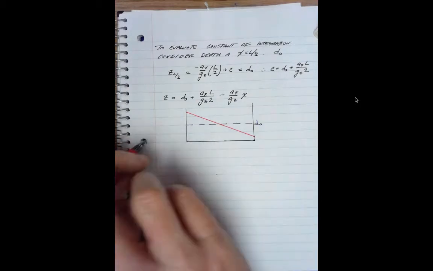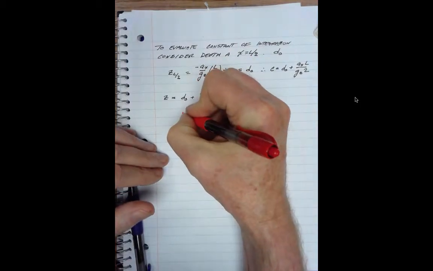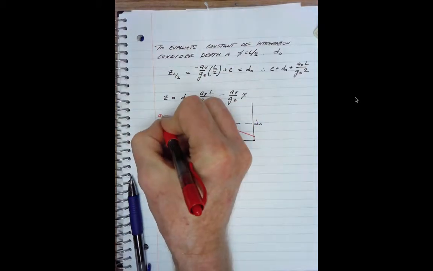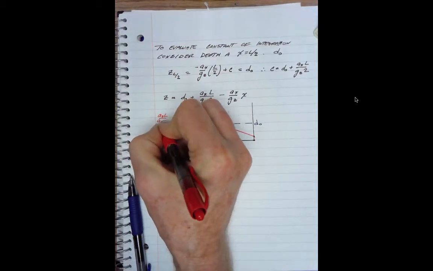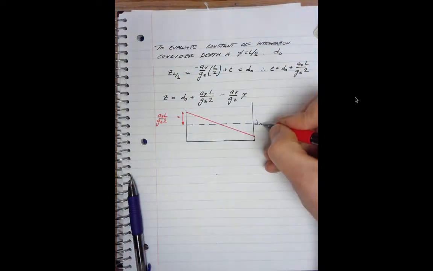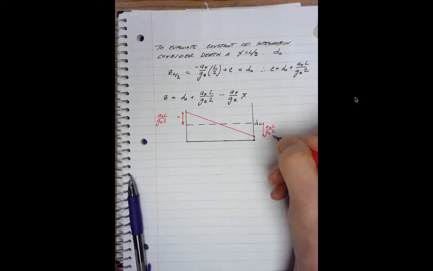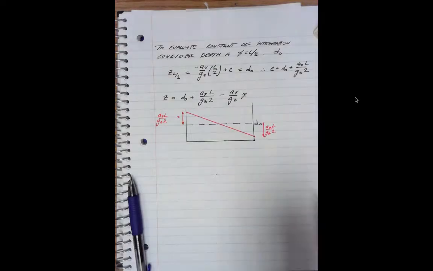And so this part here equals a_x L over 2 g_z, and this distance here is also a_x L over 2 g_z. This is a general form, so we could have used that to solve the previous problem, and since we have the previous problem already worked out, let's see if it actually works.